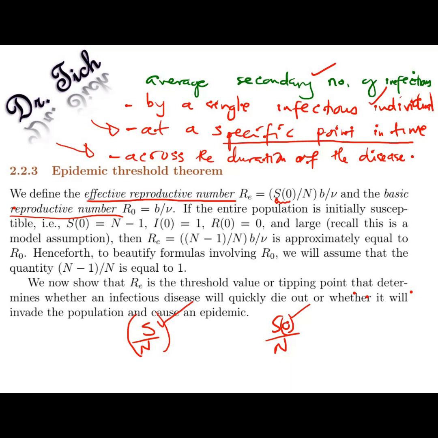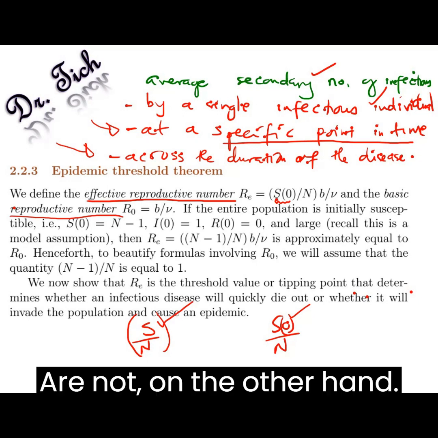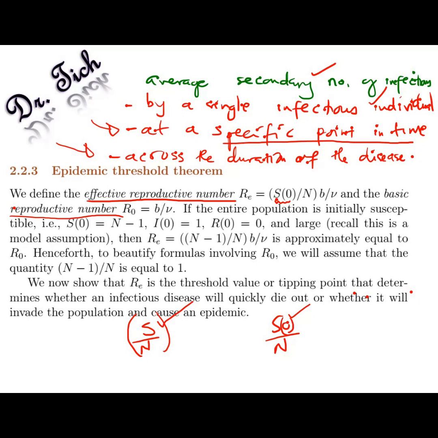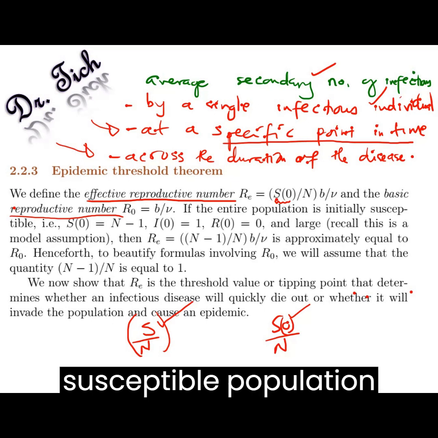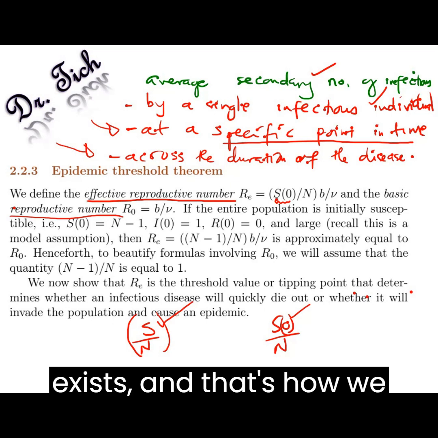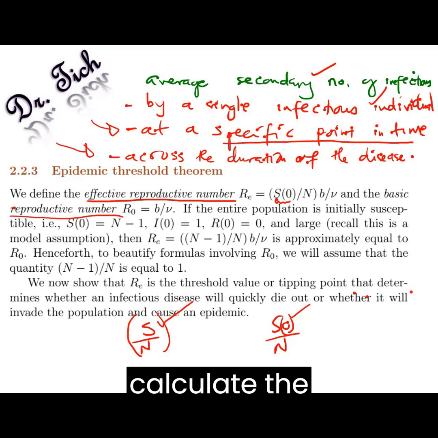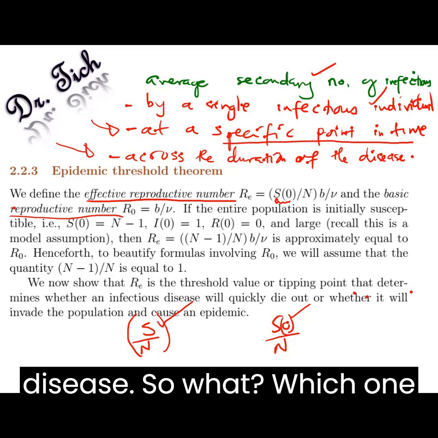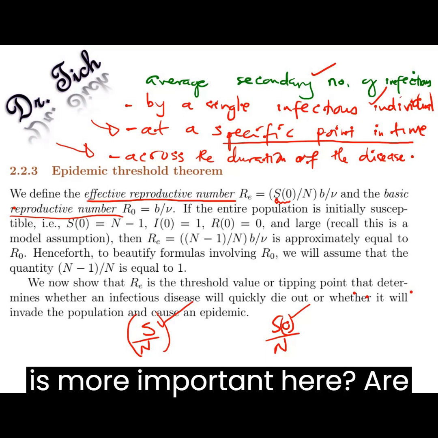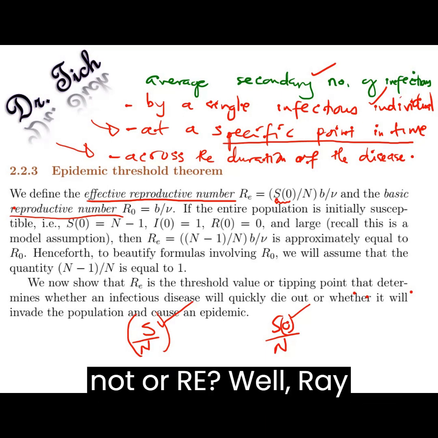R naught, on the other hand, assumes that a fully susceptible population exists. So which one is more important here, R naught or RE?